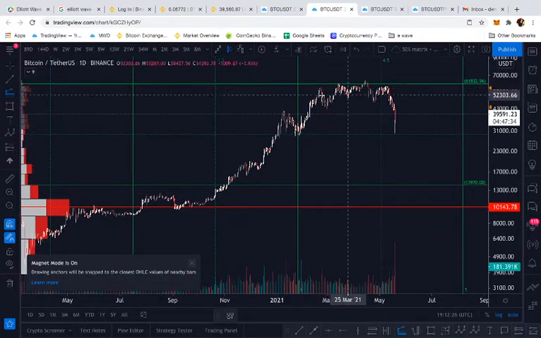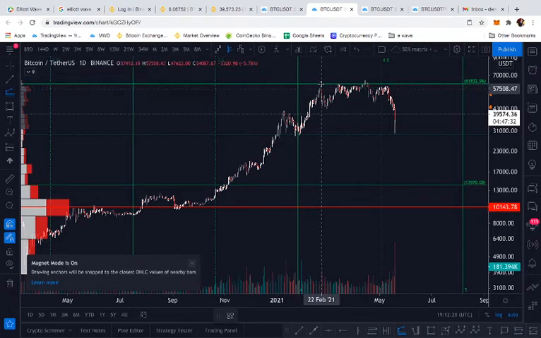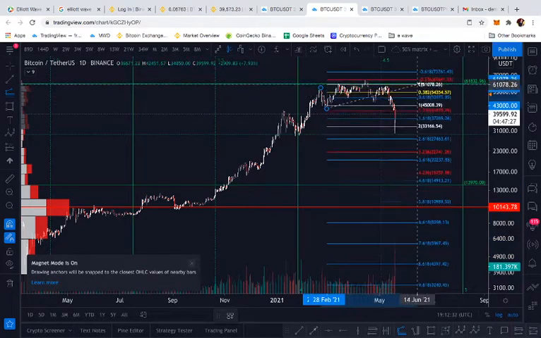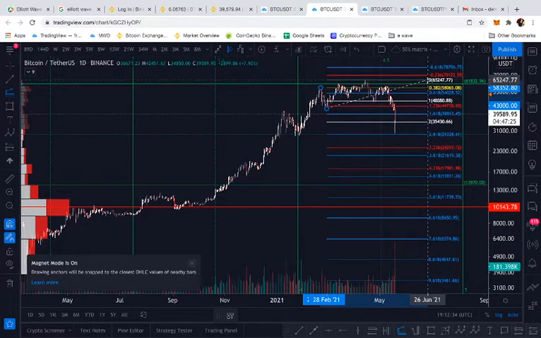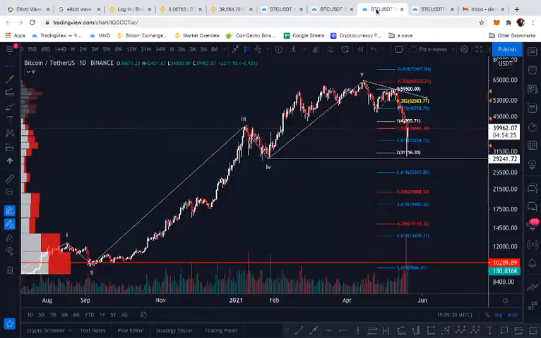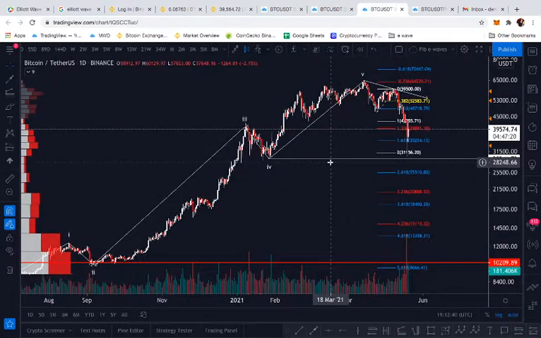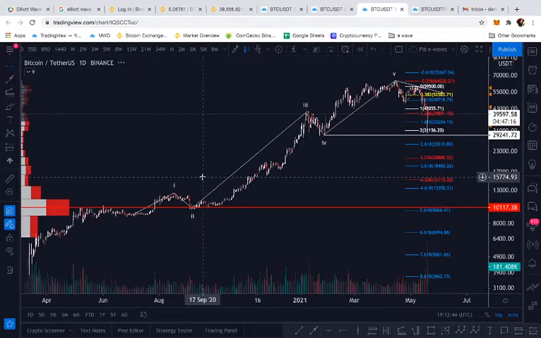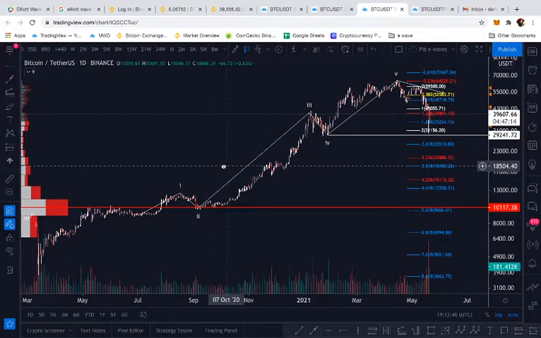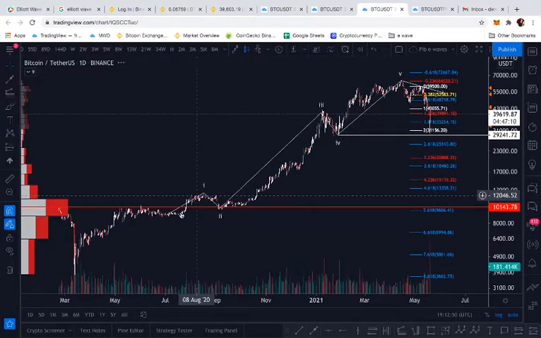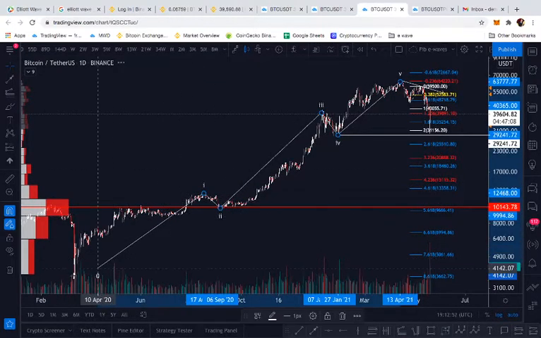If I move this one like this, I'm asking myself, is this going to be a fourth wave, or is this the start of a bear market? Now if I pull up my other chart here, I have this wave count as a 3, because I don't know if this is a 1 here.